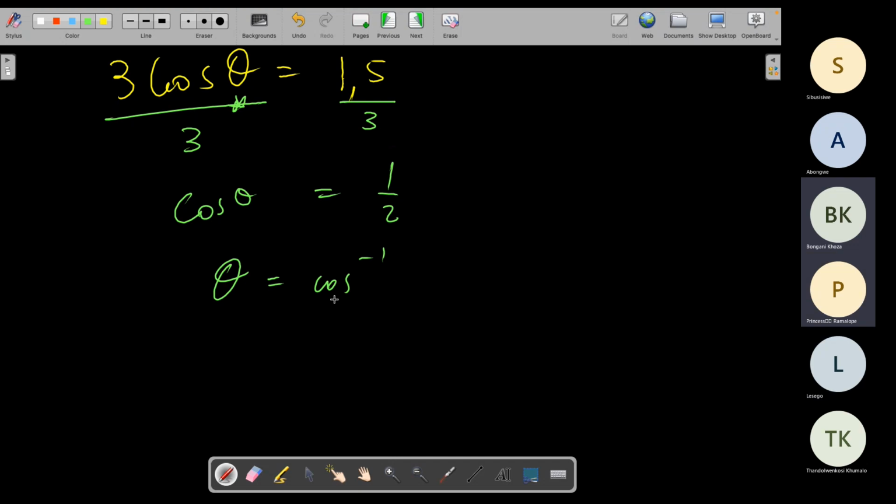Arc cos of 1/2, like that. We end up getting, cos 1/2, or 0.5, it's still the same.